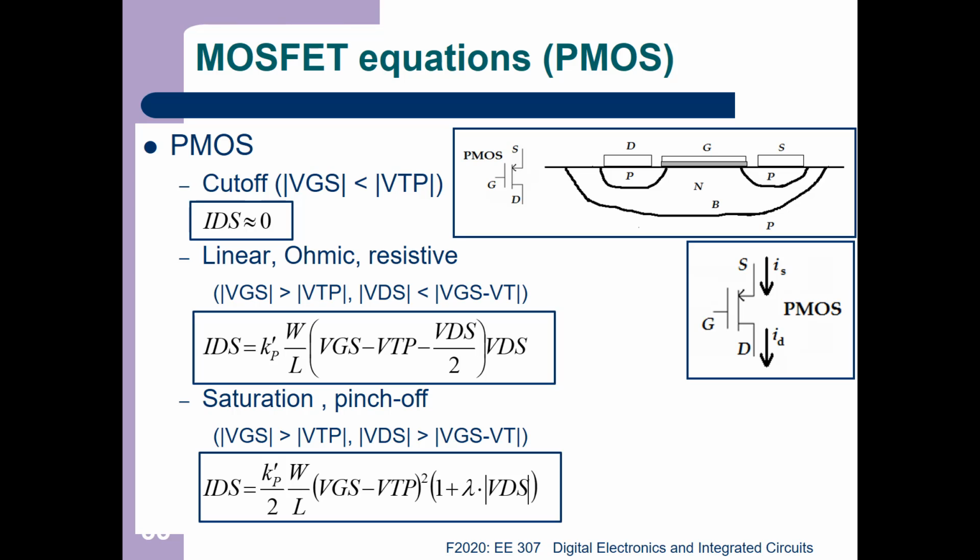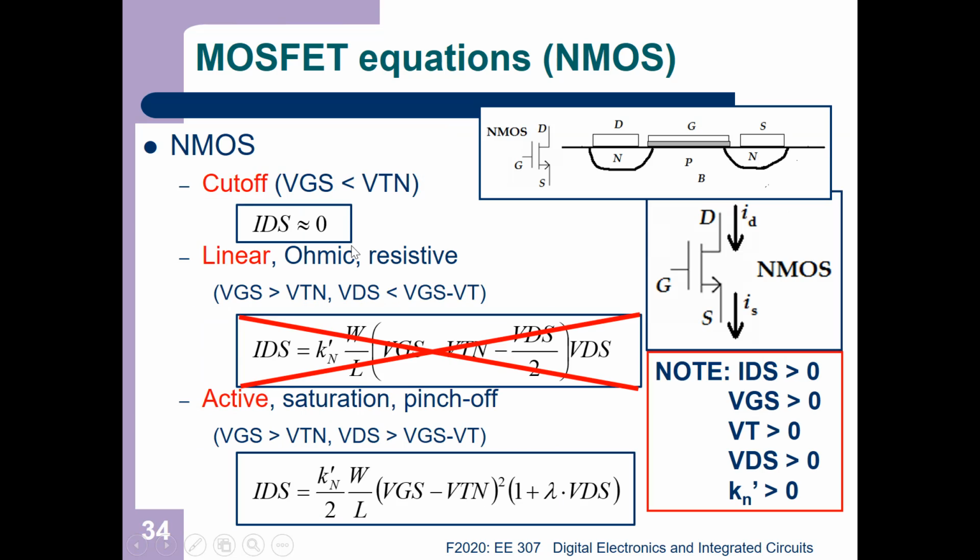And for PMOS, these are the exact same equations. The only difference is that all the voltages and currents are negative. Actually, the way I have this written, it will be positive, but yeah, exact same equations. Notice over here, IDS is positive, VGS is positive, VT is positive, VDS is positive, K prime is positive.